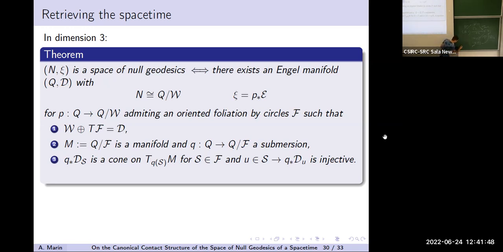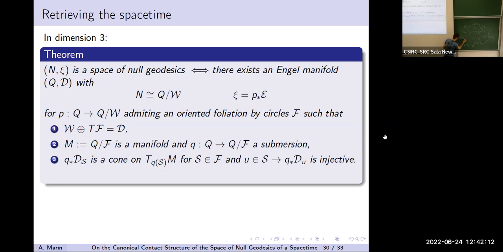So if I take a point in N, which is the space of leaves of my foliation, this comes from a circle in here by definition of the space of leaves. So this maps to this point under the projection Q. So I can take one point in here, and this has an Engel plane.